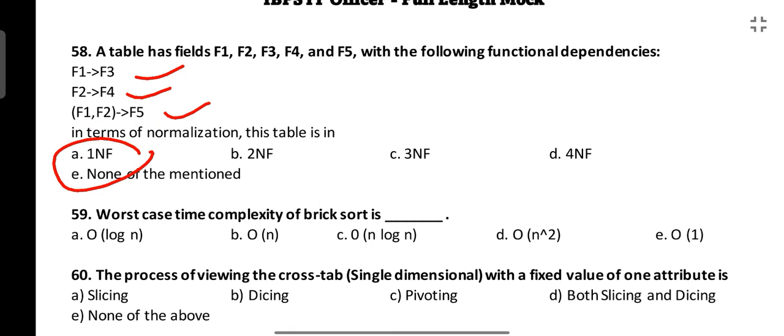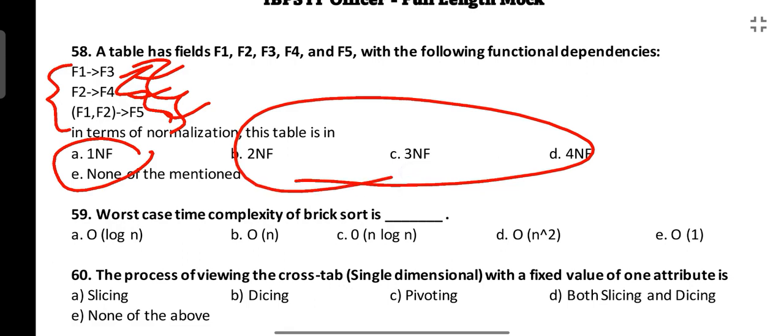Partial dependency means every non-prime attribute should be fully functionally dependent on the prime attributes. Here F3, F4, F5 are non-prime attributes and F1, F2 are prime attributes, so there are partial dependencies. If there is partial dependency, the table is not in second normal form, and then forget about third and fourth normal form. So the table is in first normal form.